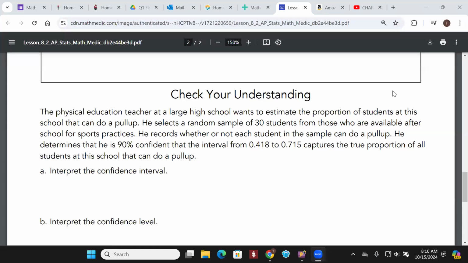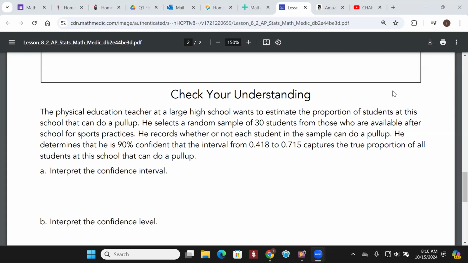All right, a physical education teacher at a large high school wants to estimate the proportion of students at this school that can do a pull-up. Okay, now here's the deal. It would take 5 million years for us to take all 3,300 kids at the school and watch them sadly do a pull-up, right? I'm not wrong, it's fine.